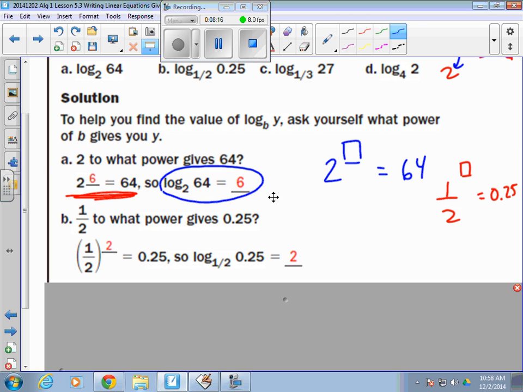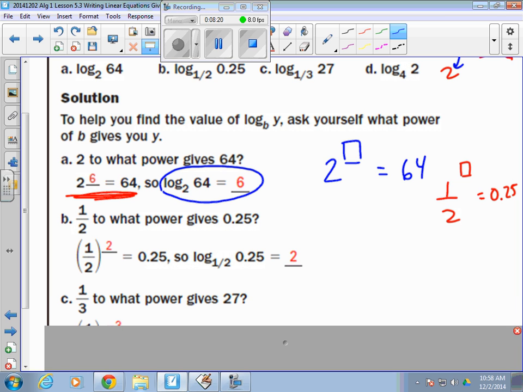Log base 1/3 of 27 equals what? Again, 1/3 to what power equals 27? Okay, first off, in order to make it from 1/3 into an integer number, a number that's not a fraction, you have to make it ride the elevator. The 3 from the bottom has to go up.